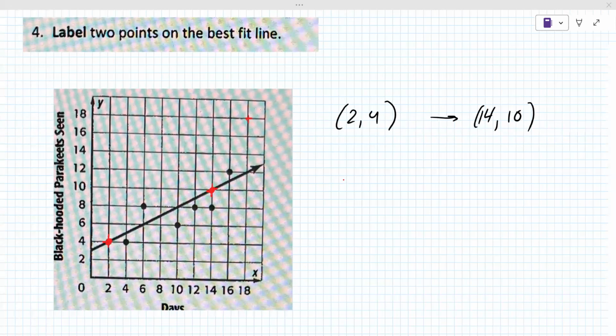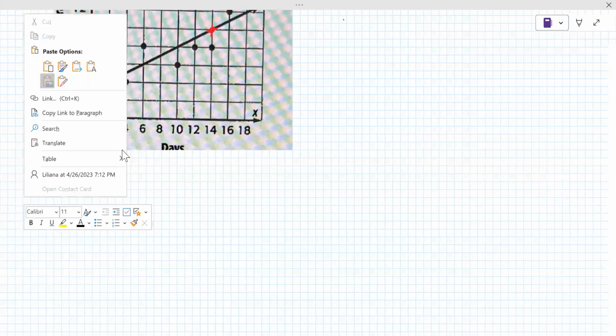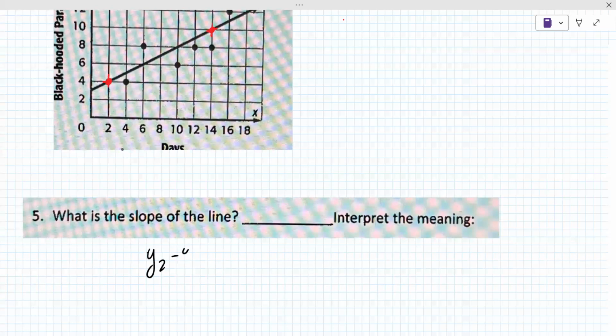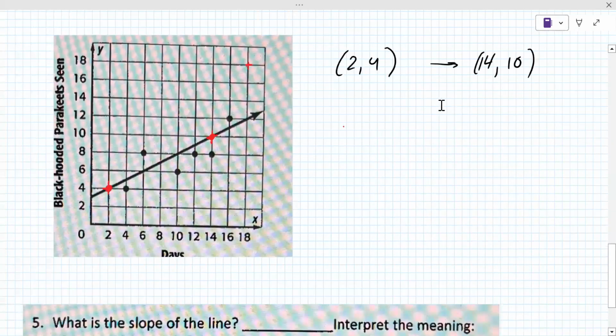I'm guessing we're going to find the slope. Looky there, we're going to find the slope. Okay. Do you remember the slope formula? Yeah. All right. Y2 minus Y1 over X2 minus X1. So 14 minus 4. Well, you got to be careful. This is X1, Y1, X2, Y2.